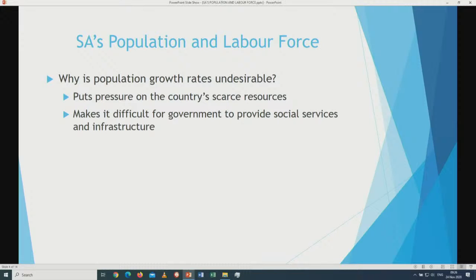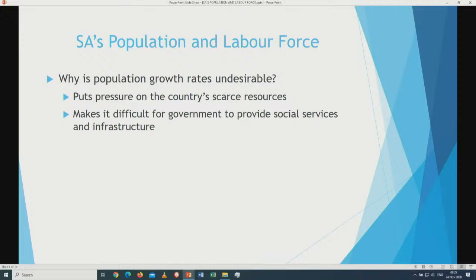Secondly, when the population grows, it will make it difficult for government to provide social services. Social services such as healthcare, education, municipal services, and social grants that we have now.